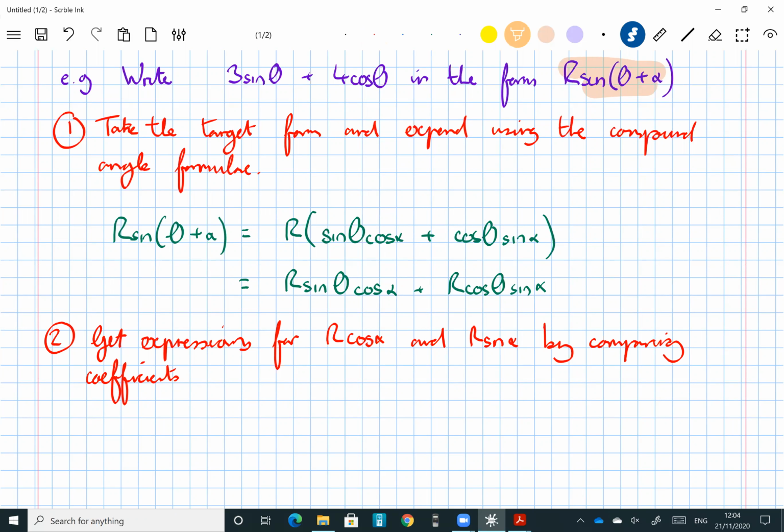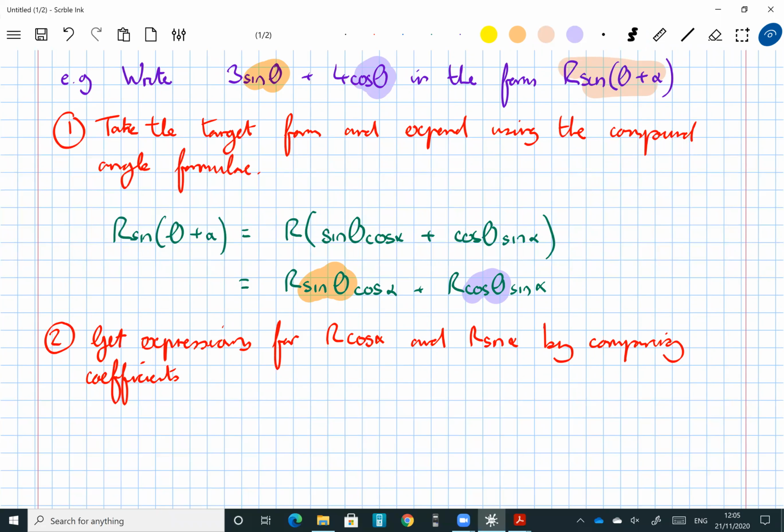So what I mean by that, the two terms here are sine theta and cos theta in our original expression. So compare the coefficients of our sine theta here and our cos theta here, because if this truly is equal to that, well, equal means that sine theta has the same coefficient as the expression above here, and cos theta has the same coefficient.